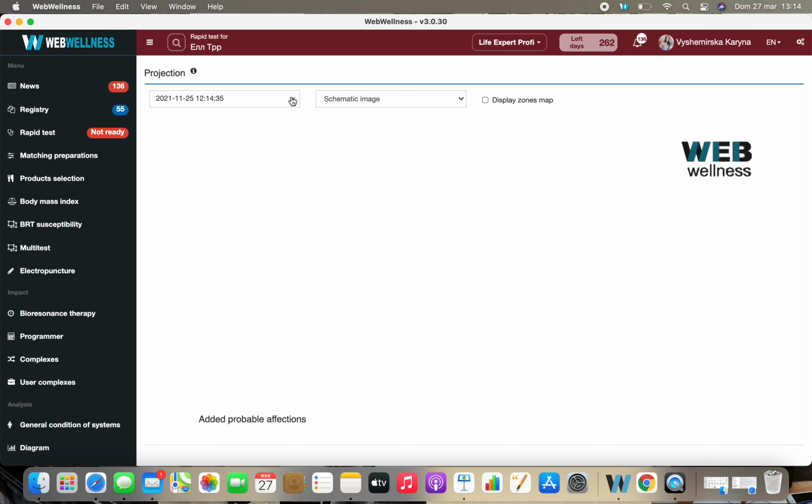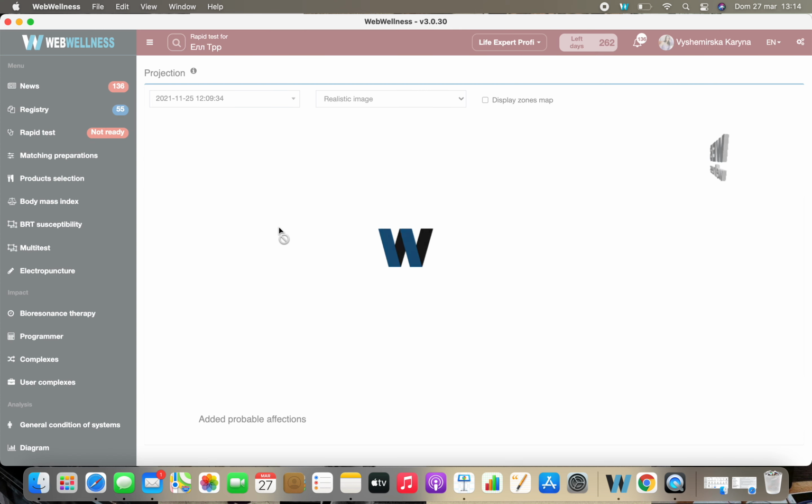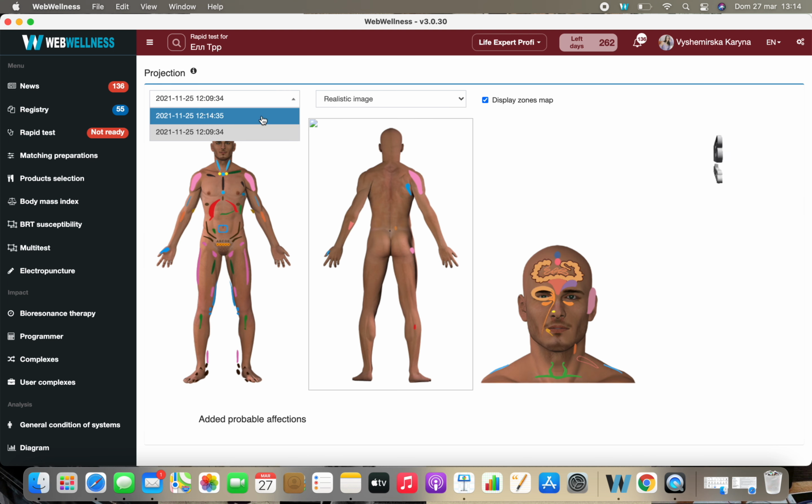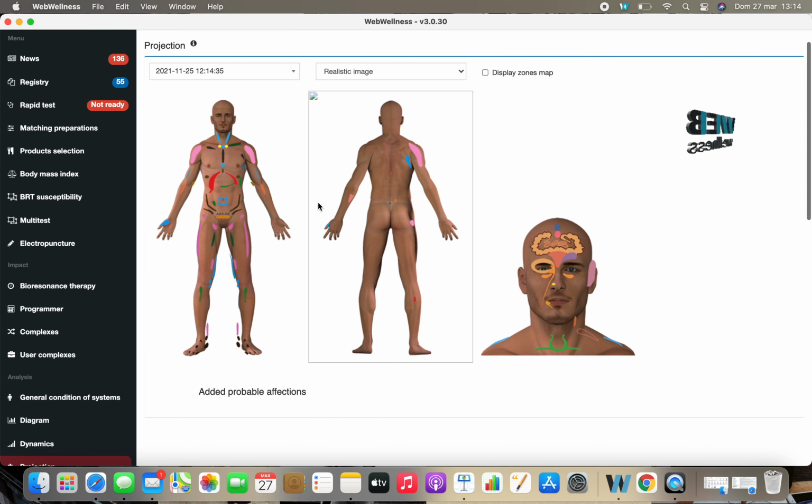It's very important. Then here in the projection, we can see basically an image. Let me see, maybe here it was not shown. Display zones map. Yes. So here we have an image.